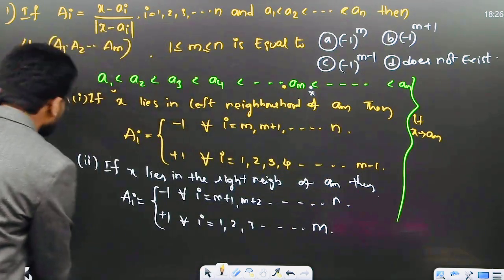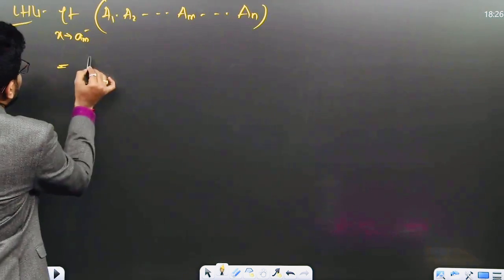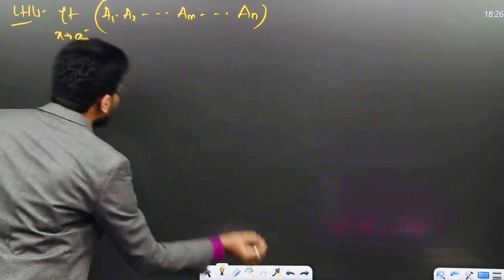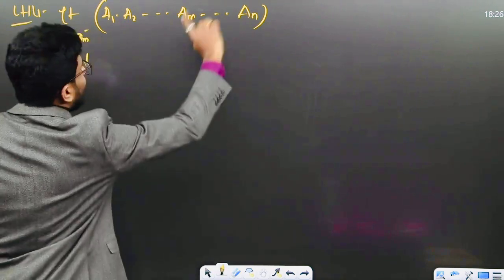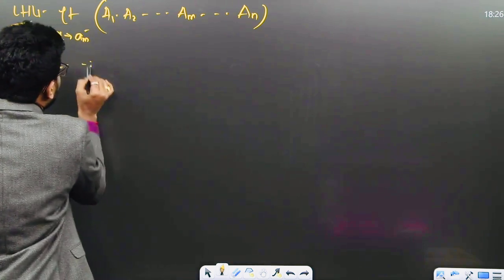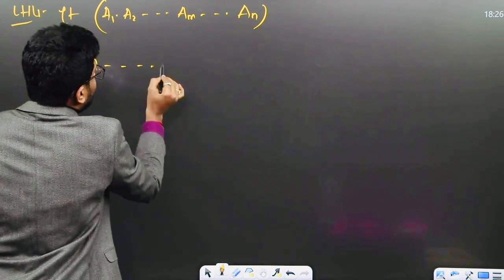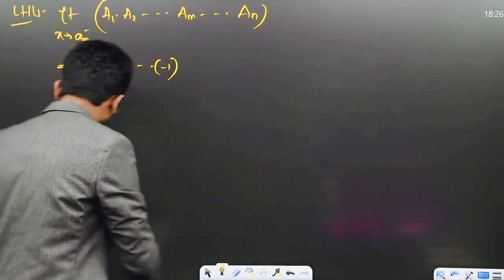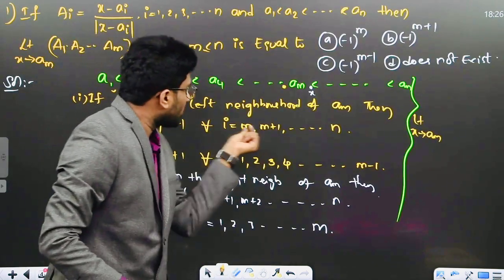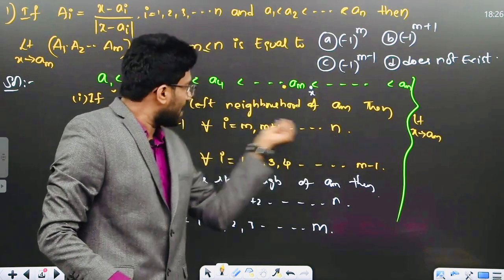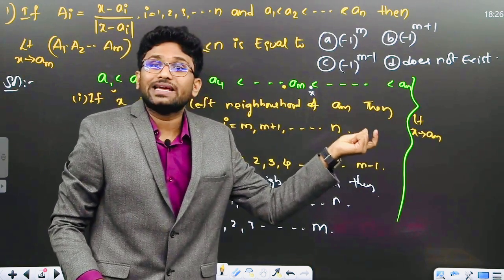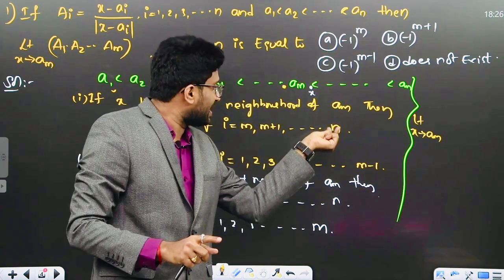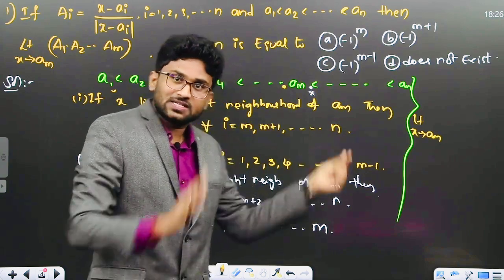So this is nothing but, from AM to AN, you get negative. How many terms will we have from AM to AN? N minus M plus 1. So simple, guys.